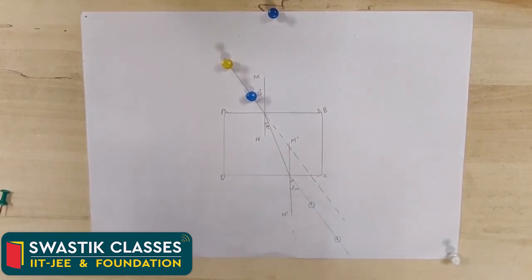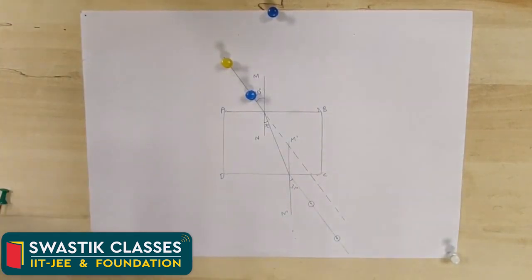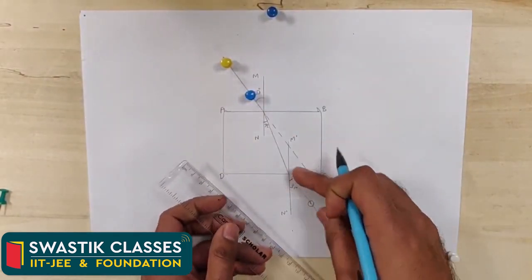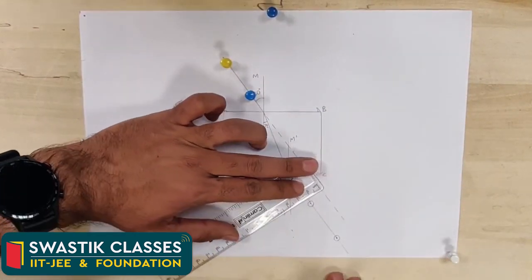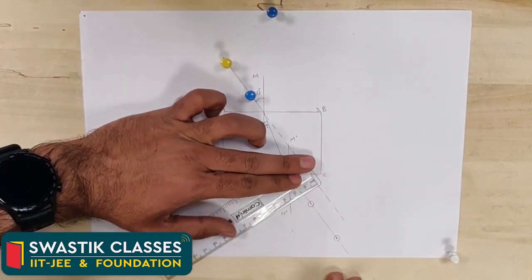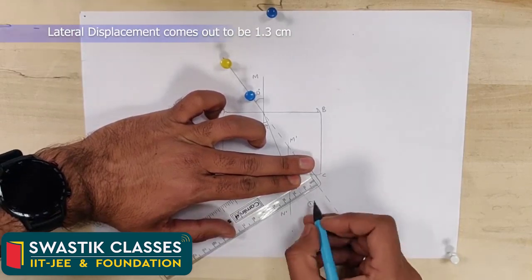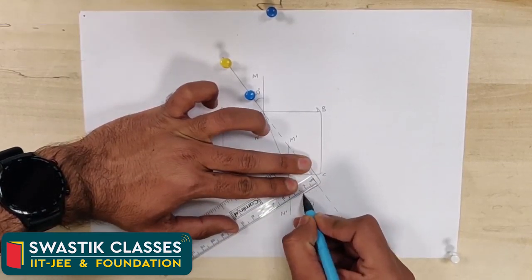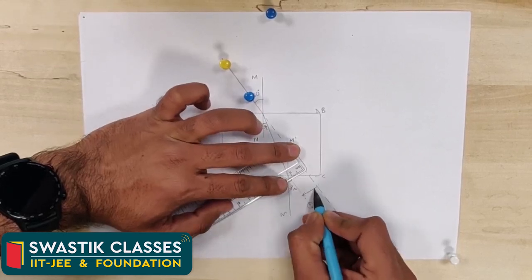And also we'll measure the lateral displacement. The lateral displacement is the distance by which the incident ray has shifted. I'll measure the distance, and it is coming around 1.3 centimeters.